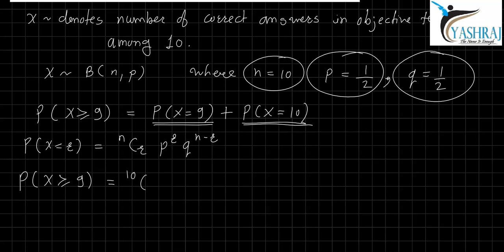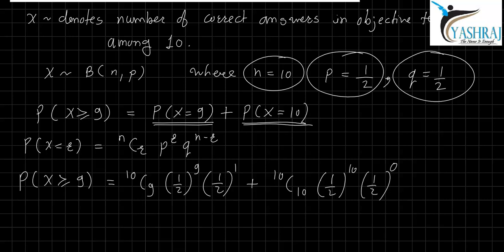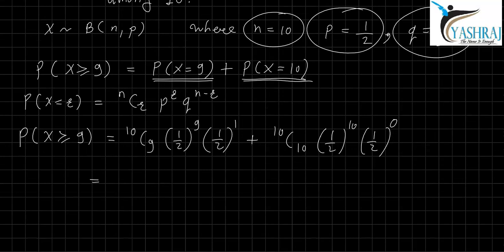So we have 10C9 half to the power 9 into half to the power 10 minus 9 is 1, plus 10C10 half to the power 10 and half to the power 10 minus 10 becomes 0. So 10C9 gives us 10 into half to the power 9 plus 1 becomes 10, plus 10C10 gives us 1 into half to the power 10 into half to the power 0 becomes 1.